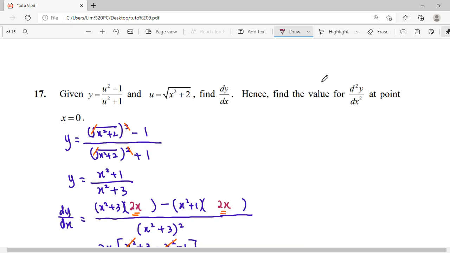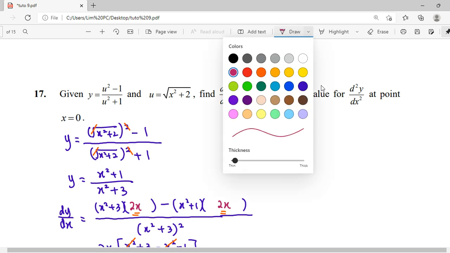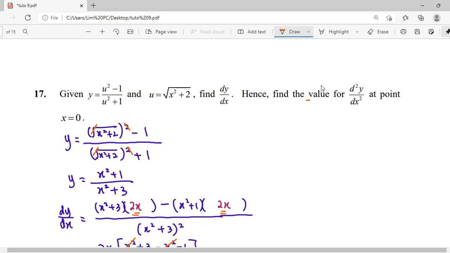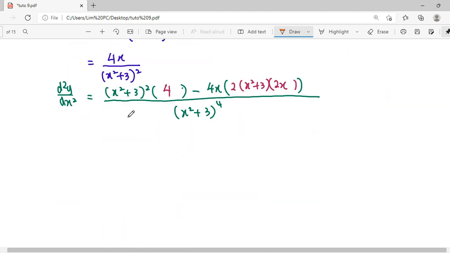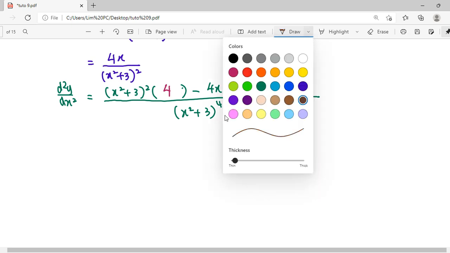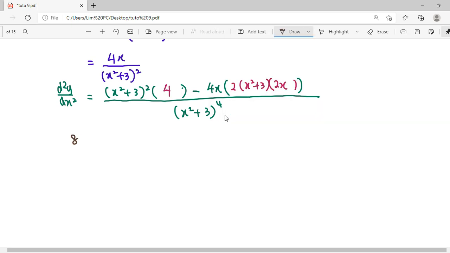Don't worry, we're not going to simplify this, because if you read our question carefully, they say hence find the second derivative, find the value. What we need to obtain is the value, not the expression of d2y/dx squared at the point of x equals 0. So we don't need to simplify this. Straight away we can substitute x equals 0 to find our second derivative value.